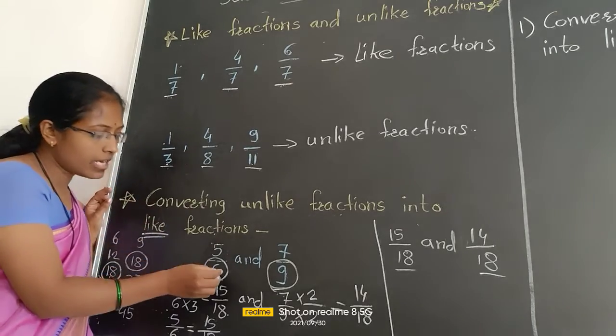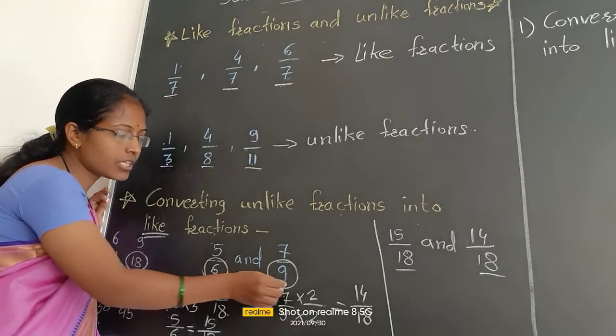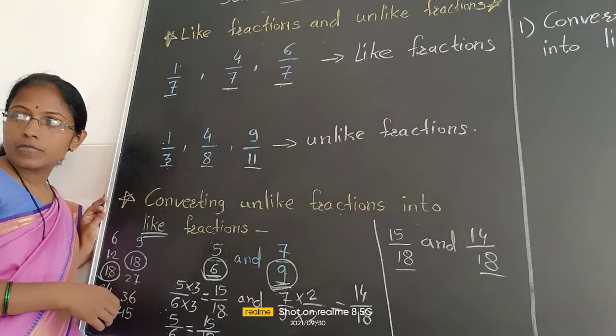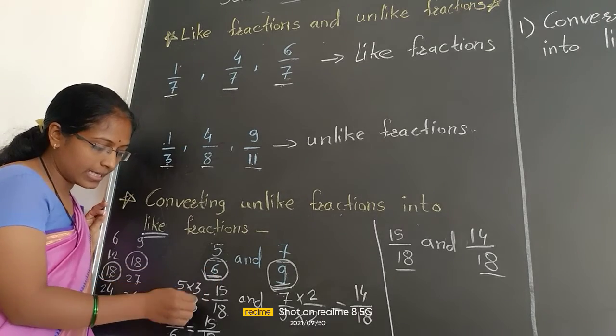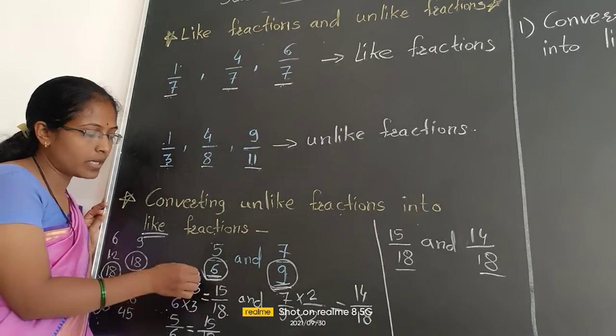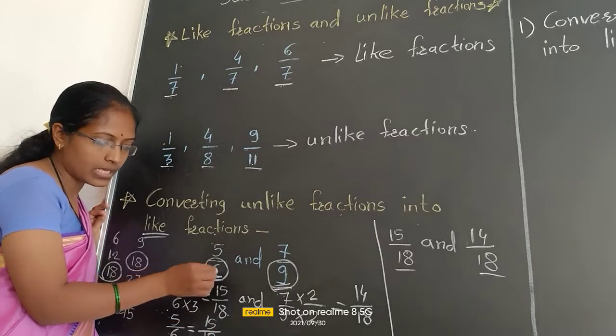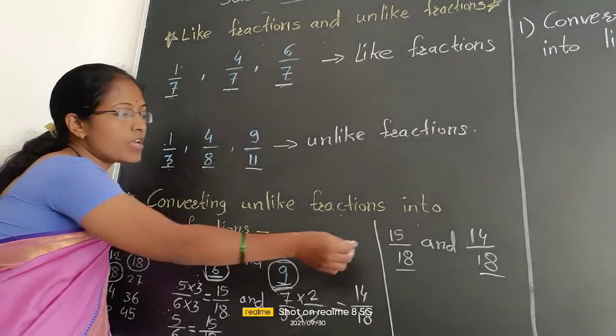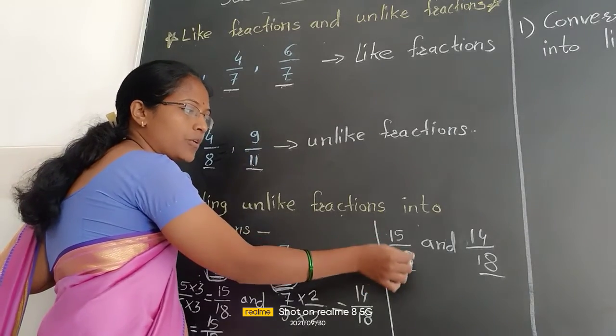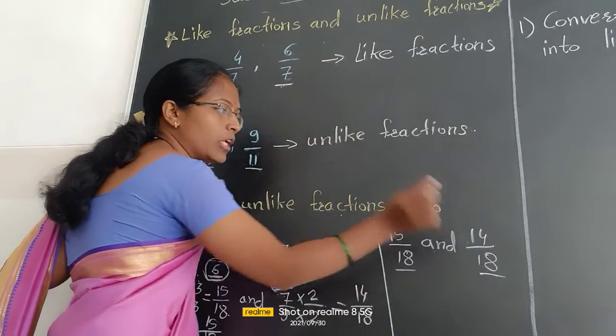For that we are changing the denominator. So for that we are taking the same multiple for numerator and denominator. That's why we take the equivalent fraction of this fraction, correct? So we will get the equivalent fractions 15 upon 18 and 14 upon 18.